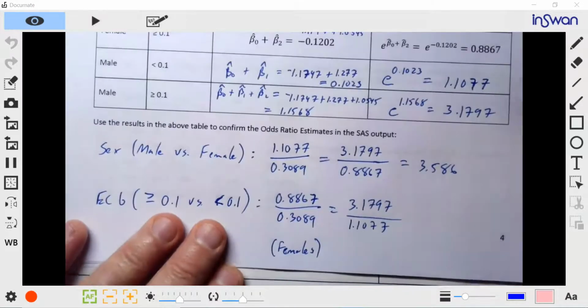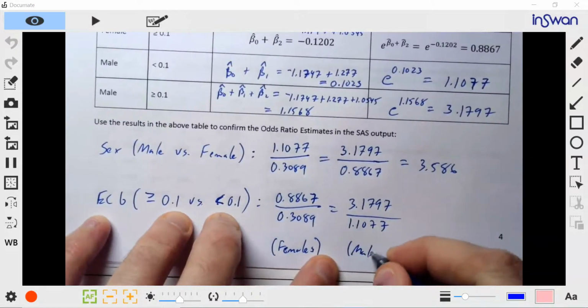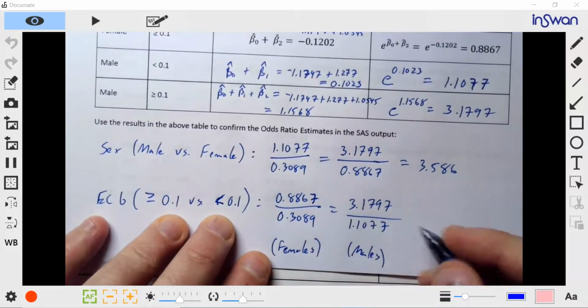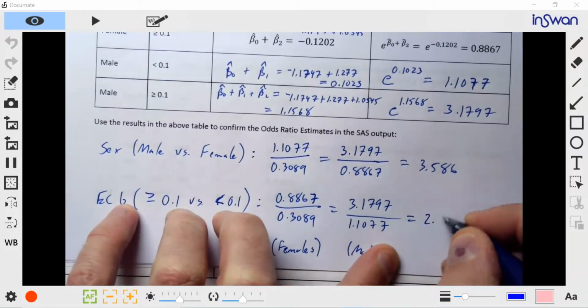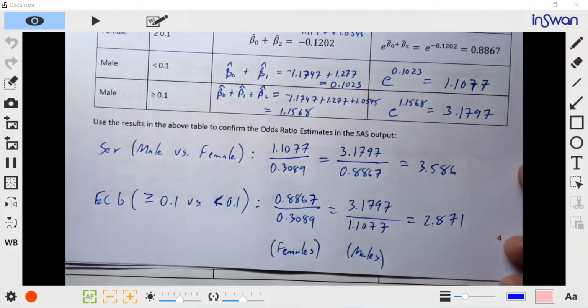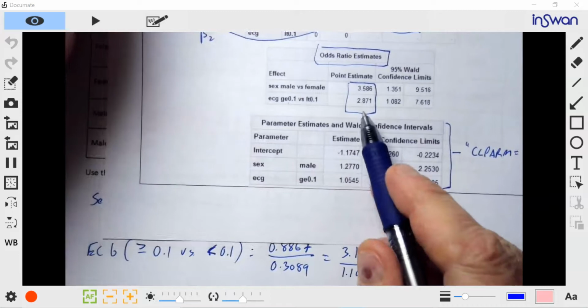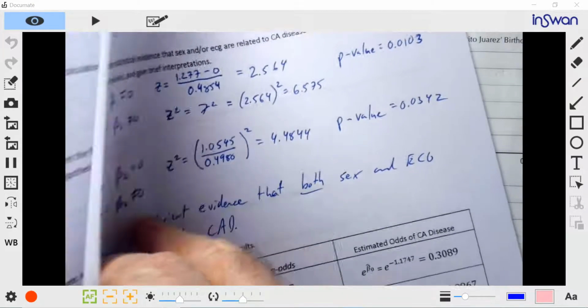Sorry, this is among the females, and this is among the males. Each of these ratios is going to be the same, and they're both going to be 2.871. Again, that corresponds to what SAS told us it would be. So let's continue on with this example.